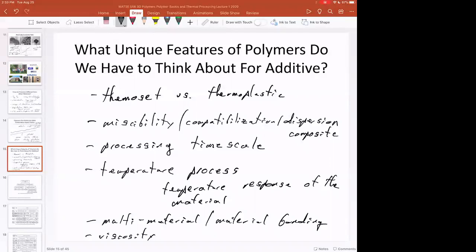And so those are things that we'll talk about again and again because they're really driven by characteristics of the material. I'm just going to star a few things here because that is the fundamental part of the additive. And then to use our additive process in a product, of course, we need to think about all the other stuff that you'll hear about in some of the other additive classes as well.